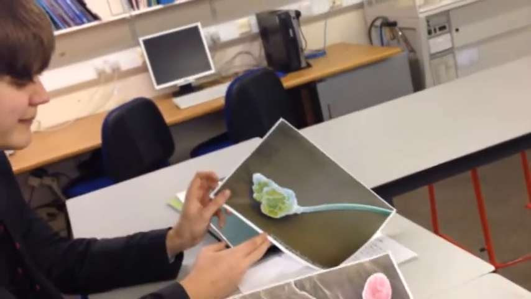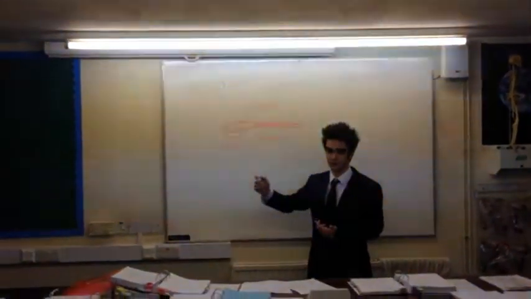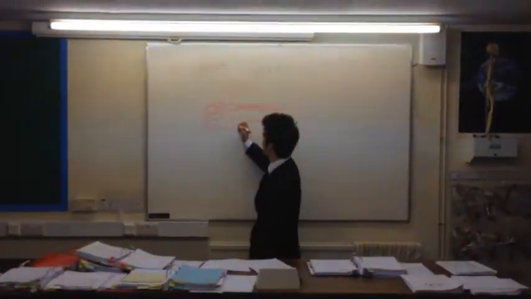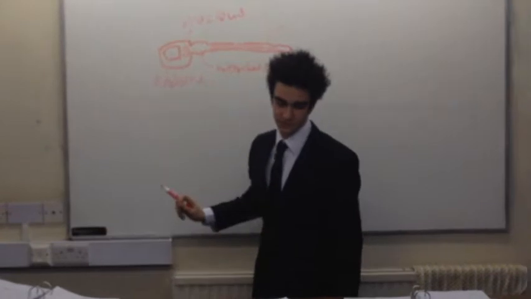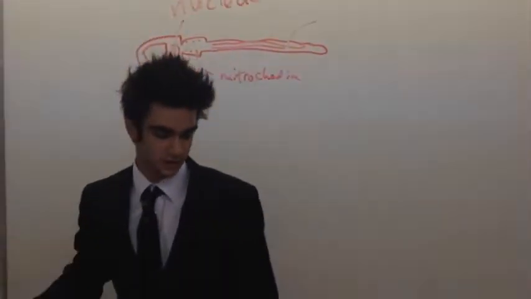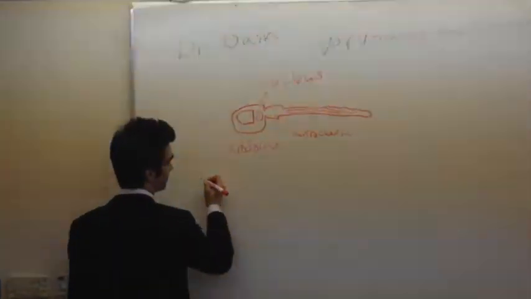So they have maybe an extra head, or a deformed head, or an extra tail. And for obvious reasons, if it had two tails, it would swim in circles and it wouldn't be able to go to the egg. If it had two heads, it would have two sets of DNA, which obviously wouldn't work. So that's one of the main reasons of infertility.